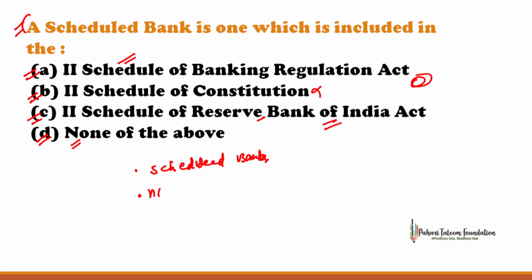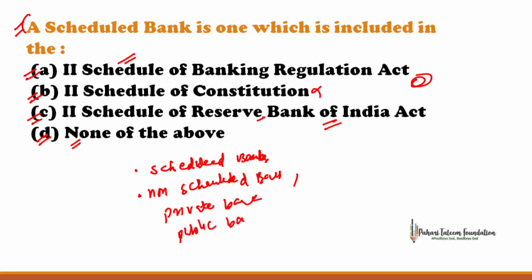Another is non-scheduled banks. Another, private banks coexist in India. And the public banks. So the banks in the Indian banking system are subcategorized as scheduled banks, non-scheduled banks, private banks, and public banks.